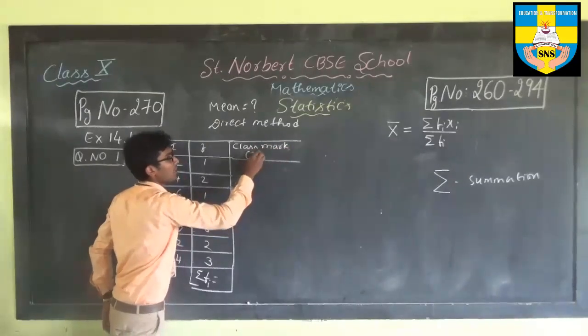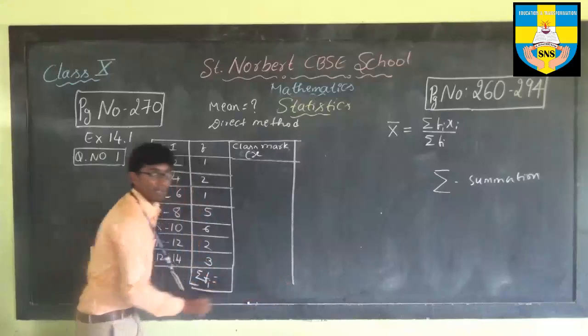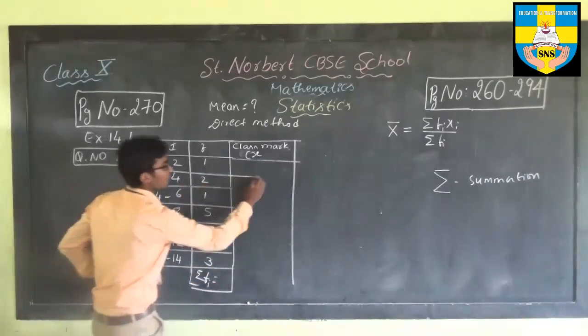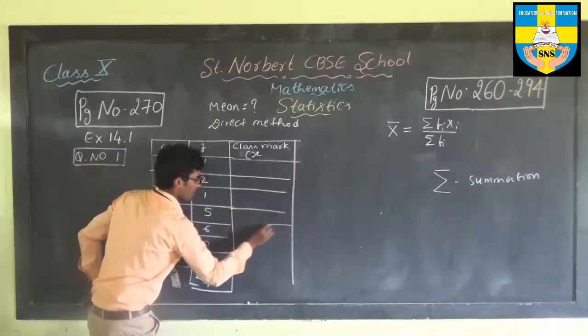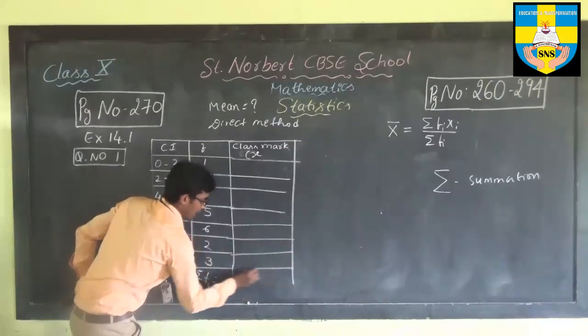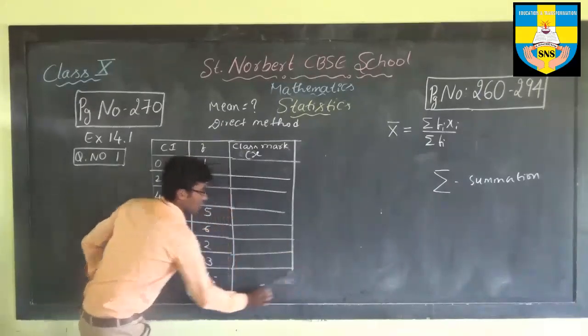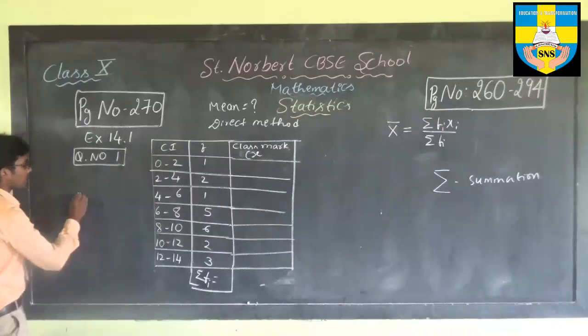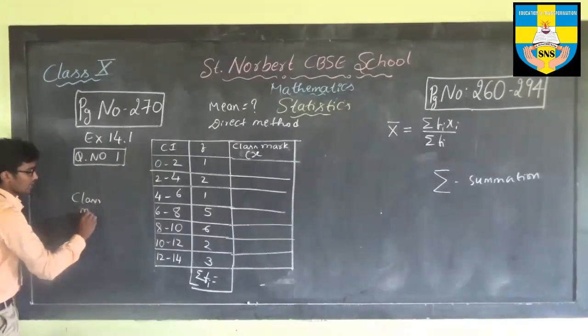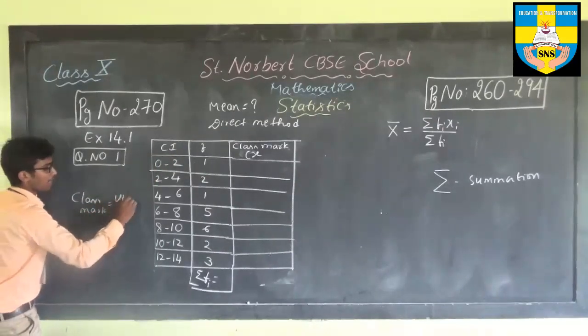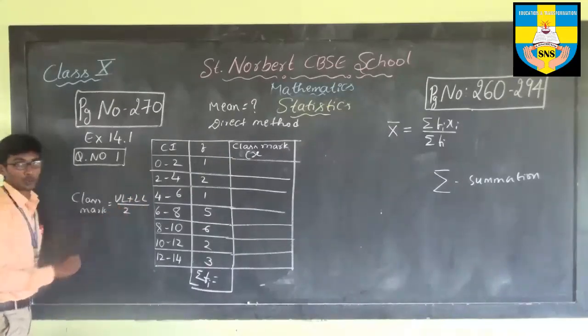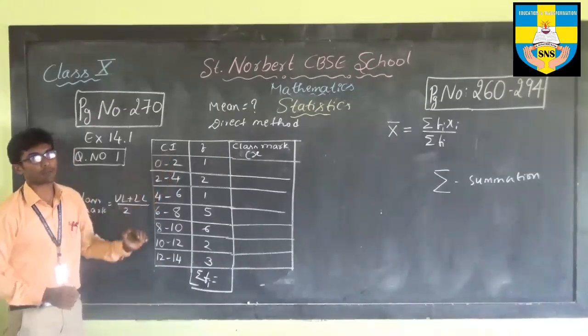You need to understand from now onwards, x means class mark. How will you calculate the class mark? If you can remember the formula, I explained it in the introduction of this chapter. Class mark is nothing but upper limit plus lower limit by 2. Adding these two, divided by 2.